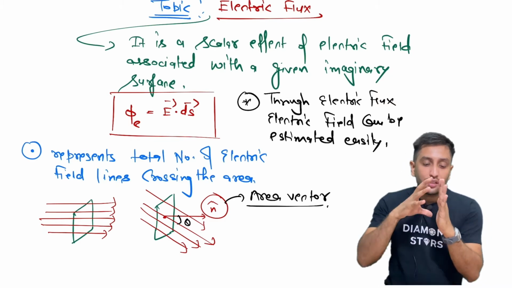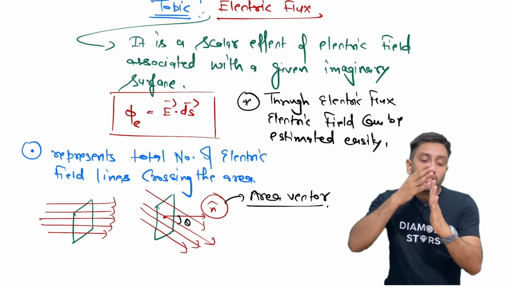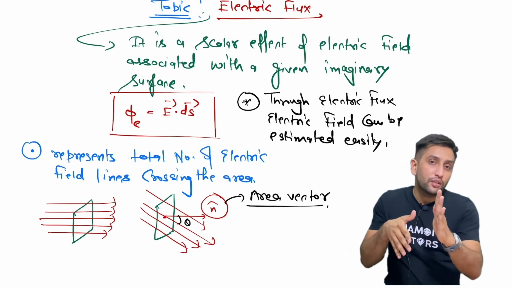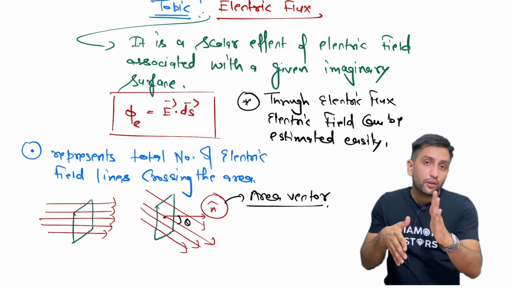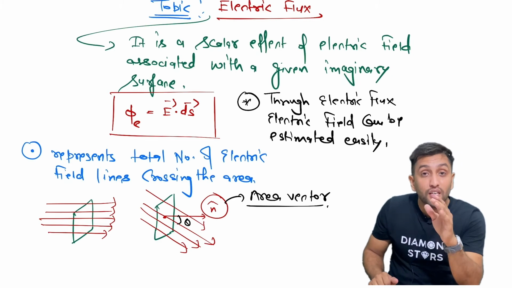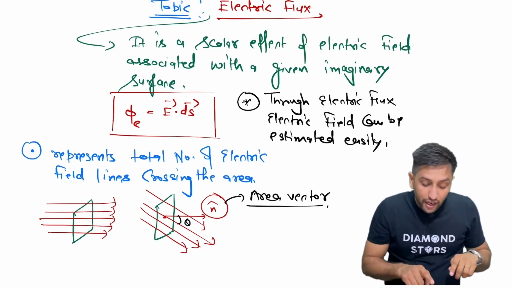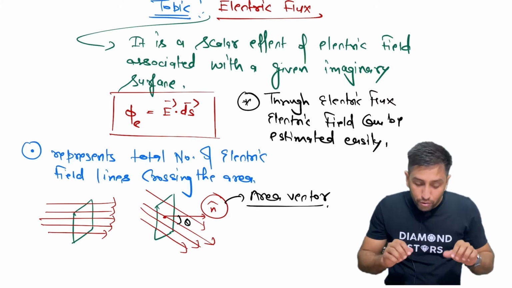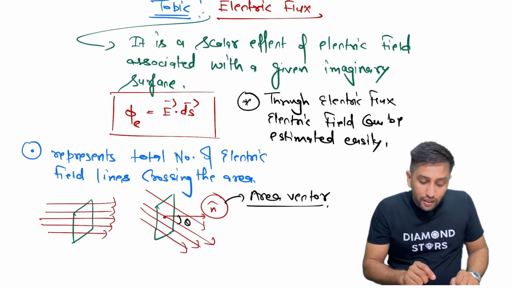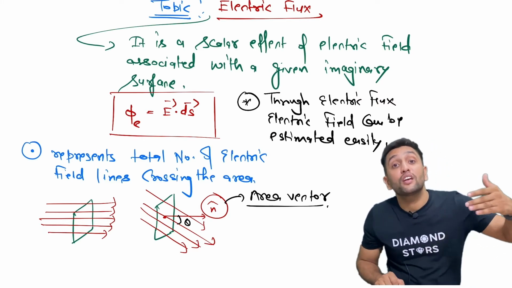So when you are asked how many electric field lines are passing through the surface, that is known as electric flux. In very simple language, you can put in your notebook that it is a scalar effect of the electric field, that is, how many electric field lines are passing.